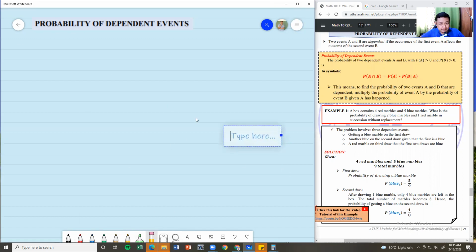Let me just type it. A bag contains 10 cards.